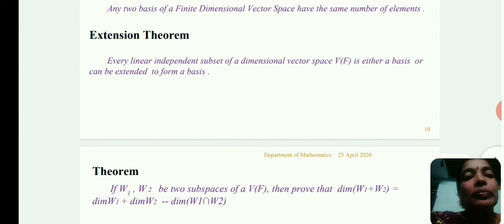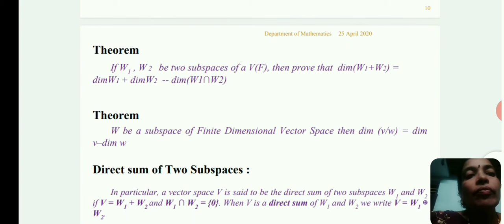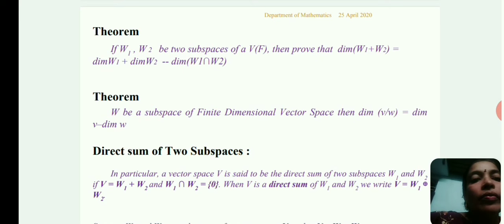Next theorem. If W1 and W2 are two subspaces of V(F), then we have to prove that dimension of (W1 plus W2) is equal to dimension of W1 plus dimension of W2 minus dimension of (W1 intersection W2).